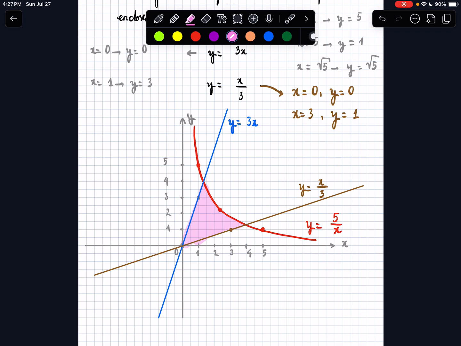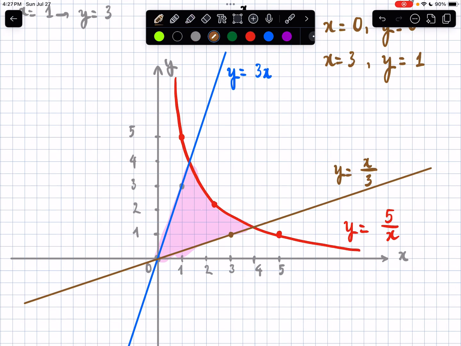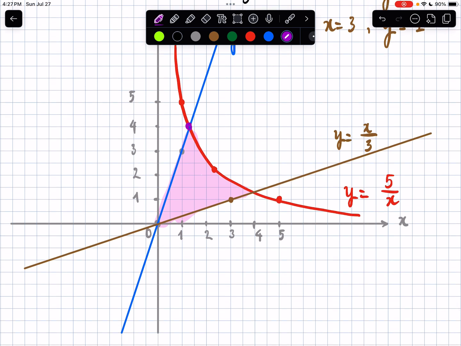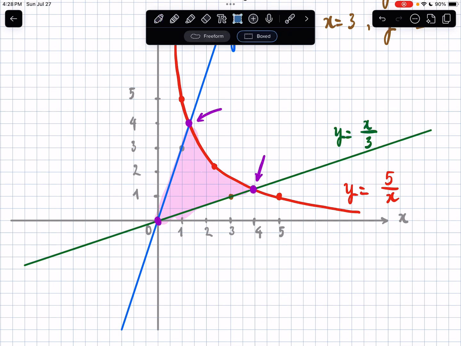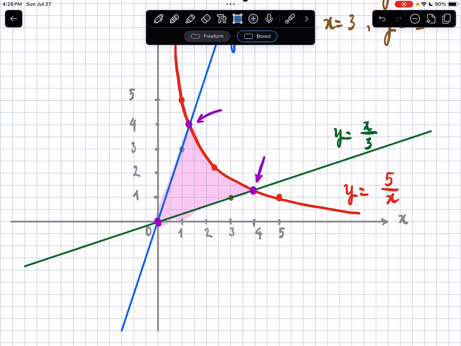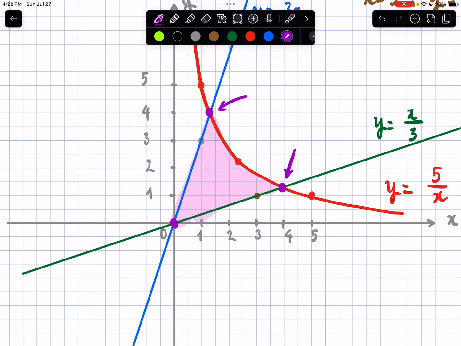To do that, we will compute the coordinates of the intersection points. This point is the origin. After computing the intersection points, we know for sure this point is (0, 0).